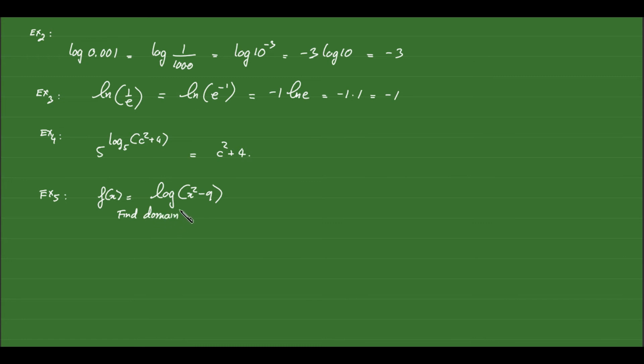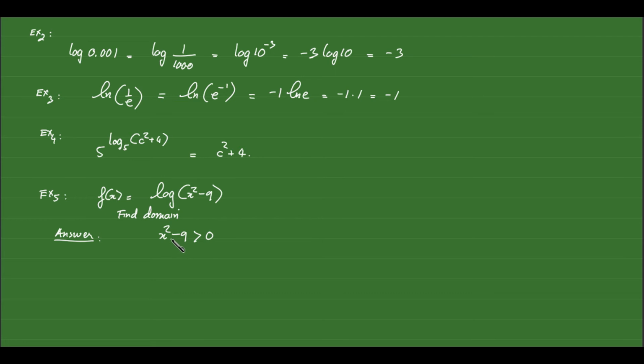Remember last time when we found the domain, we just need to set up the argument greater than 0. So the argument is right here: x squared minus 9 greater than 0. This is a concept we already learned last week. This is a nonlinear inequality. It's quadratic.